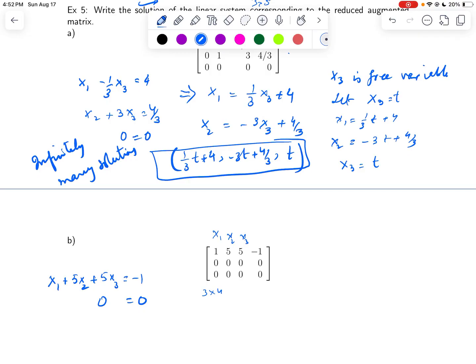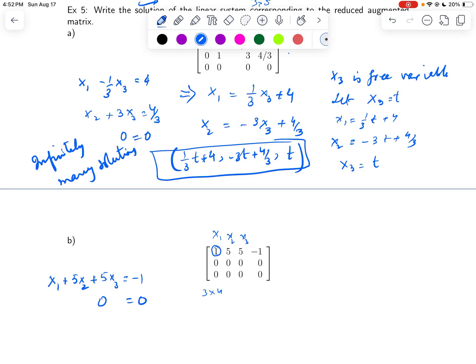So what does that mean? It means x2 and x3 are free variables. How do you figure out which are the free variables? Well, basically, you can see that if we consider this as a pivot, then there is no pivot in the second or the third row. So that's why those are your free variables.